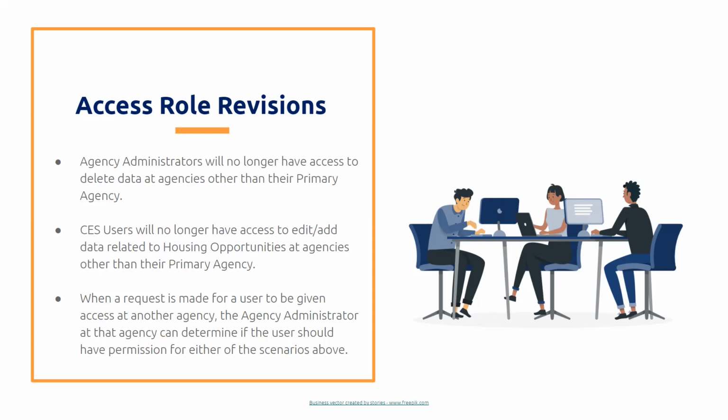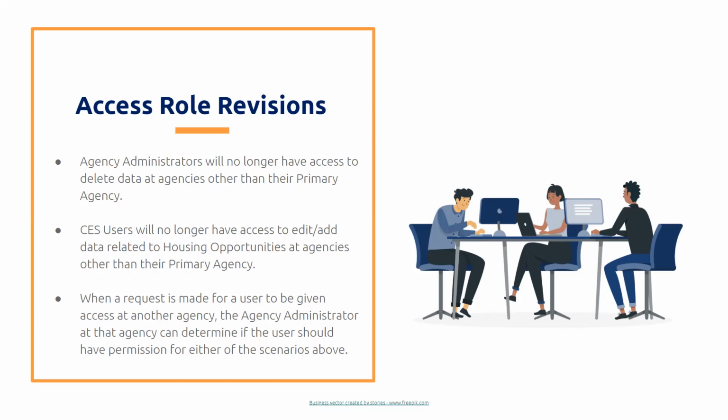But moving forward, agency administrators that have access to other agencies in HMIS will no longer have access to delete data at those other agencies. And coordinated entry users will no longer have access to edit, add, or make other updates to housing opportunity data at agencies that are not their primary agency.